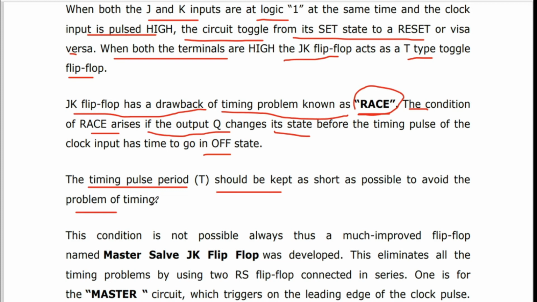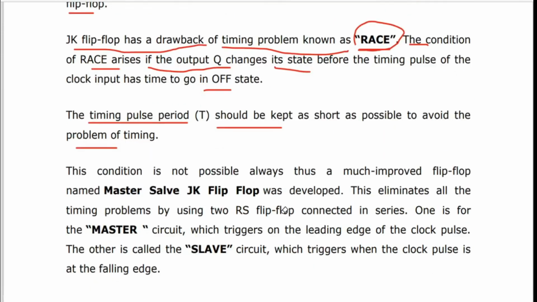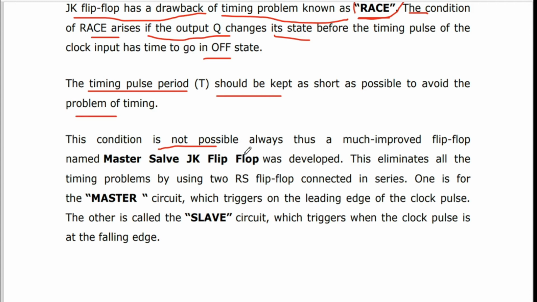So how can we avoid this race condition that is occurring in your JK flip-flop? Students, this condition is not always possible to avoid and can be improved with the master slave JK flip-flop.